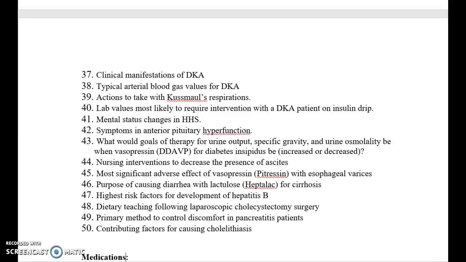Now, for blood gases for DKA, remember that DKA is metabolic acidosis. So you want to recognize that metabolic acidosis and how that looks different than respiratory acidosis on blood gases.